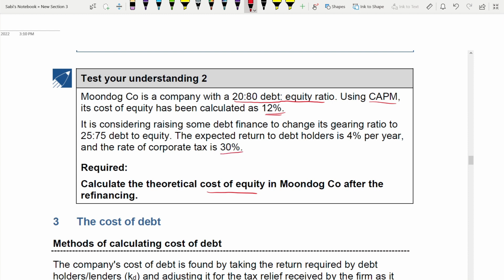Tax is 30%, gearing is 25 to 75, 25 debt, 75 equity, and expected return to debt holders is 4% per year. Okay. Now you have to use the Modigliani and the Miller's theory, that model.